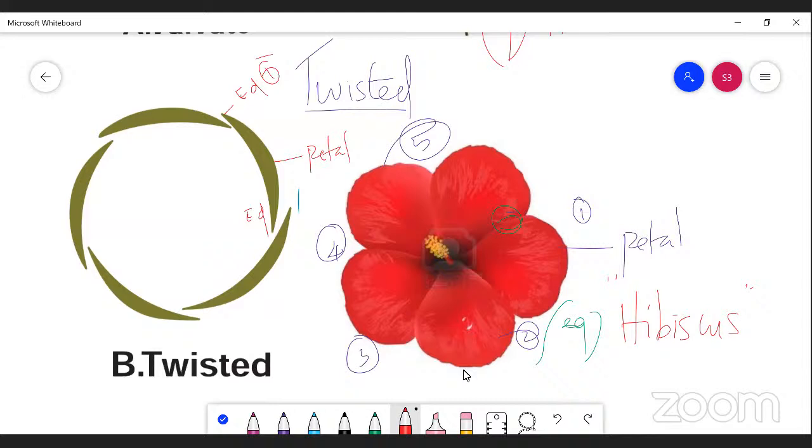Here you can see the first edge of the petal is in the exterior condition, and the second edge of the first petal is in the interior condition. So like that, the 5 petals are arranged in and out, in and out, like a twisted aestivation.